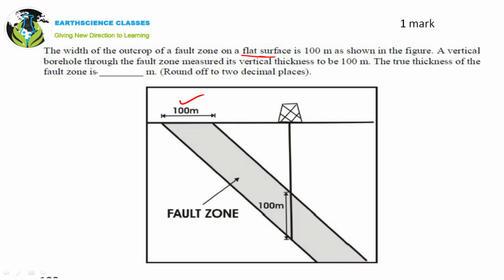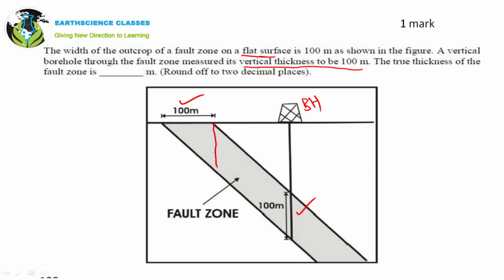The borehole through the fault zone measured its vertical thickness to be 100 meter. So this is a borehole, and this passes through the fault zone, and it measured the vertical thickness to be 100 meter. So you can plot this 100 meter here also. That means the vertical thickness is 100 meter. You can take this here also, no problem.